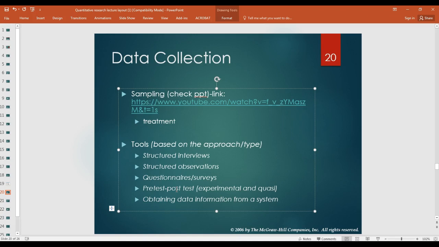So pre-test and post-test is something seen more frequently under experimental design. Also, surveys and observations can come under experimental design.